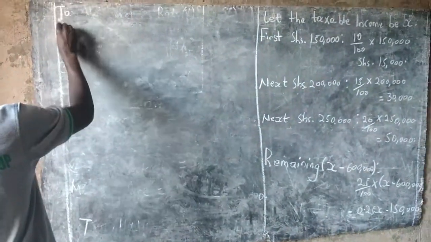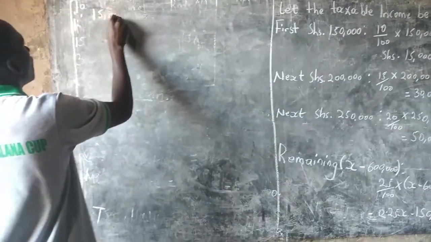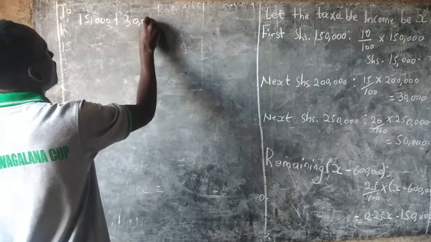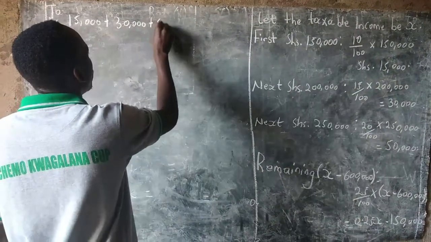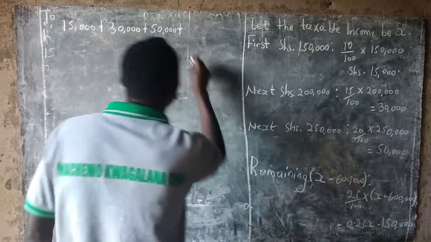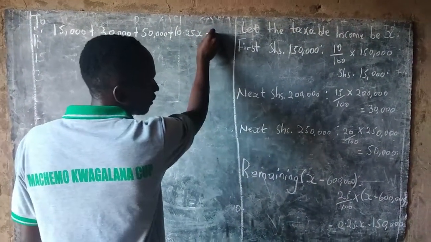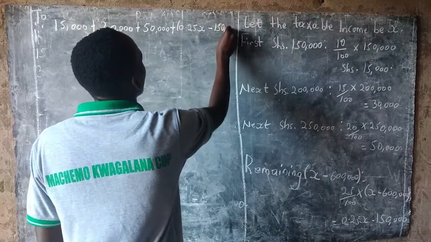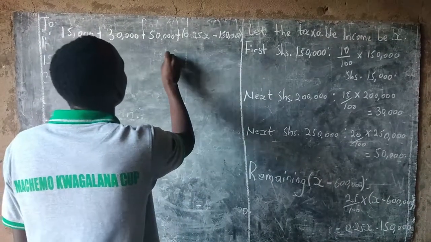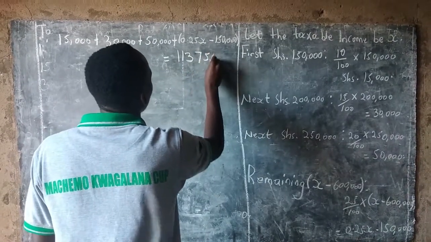Therefore, I'll come and conclude that the 15,000 plus the 30,000 plus the 50,000, then plus this one, which is 0.25x minus 150,000. When I sum that, I should be getting the 113,750.